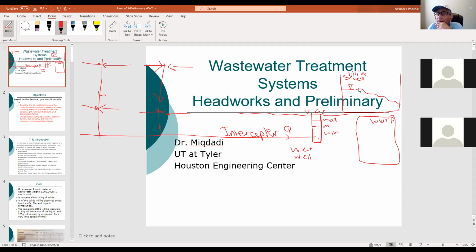So you run it by gravity and make sure that the command elevation gives you this kind of pressure H, minus all H losses, and you stay on the safe side, still positive. In other words, the sum of H losses, whether friction losses or local losses, should not exceed this H at the beginning of the wastewater plant.